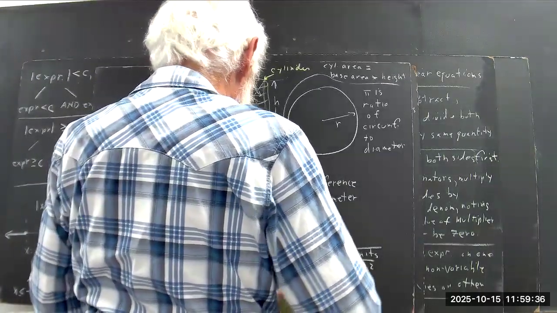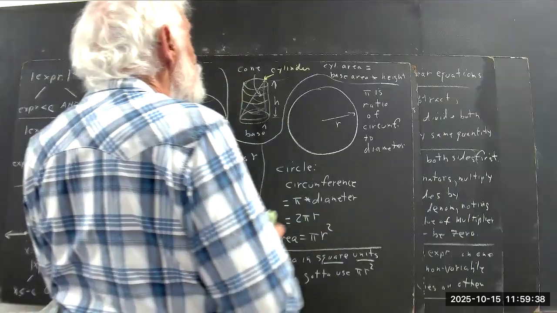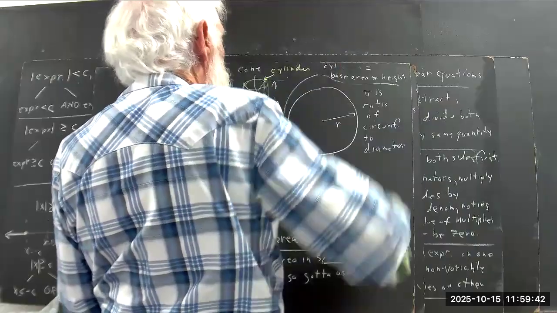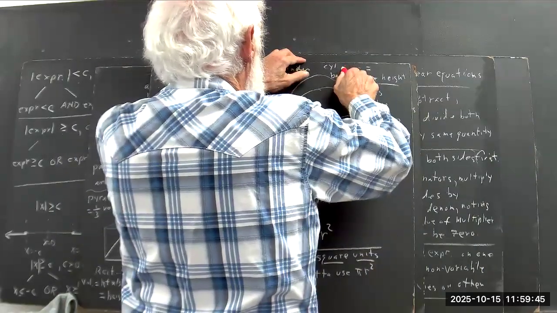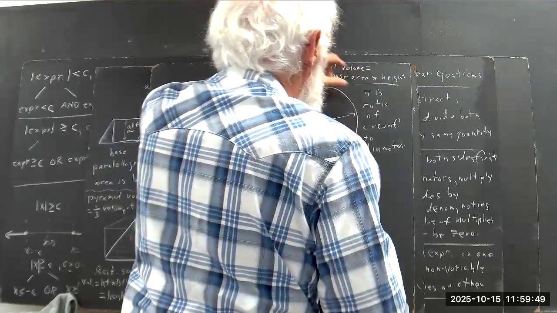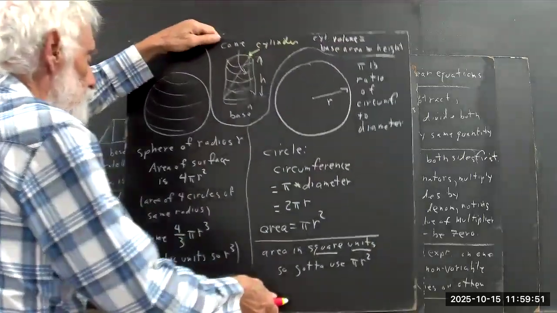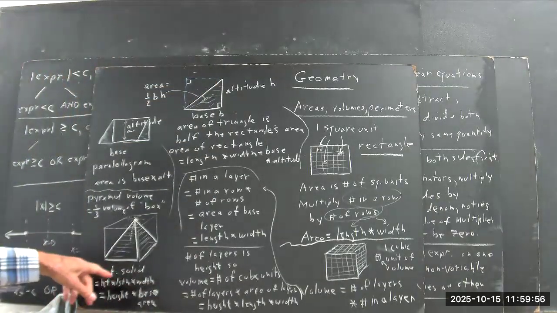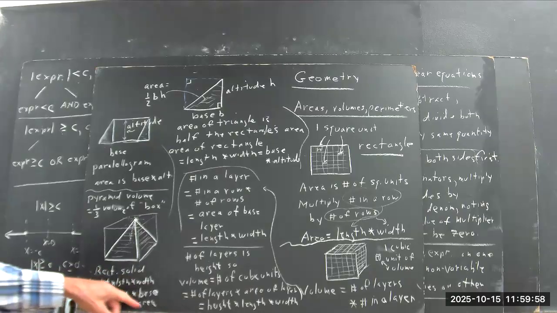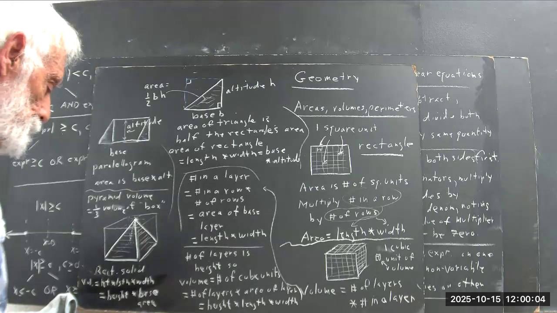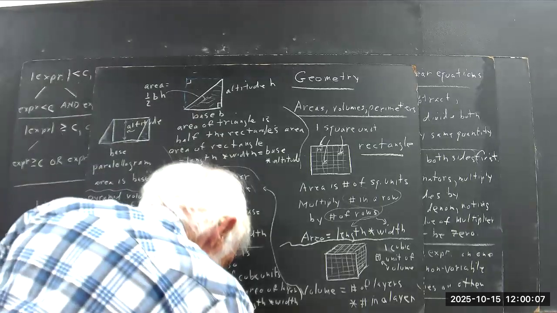Cylinder volume is base area times height. A rectangular solid volume is base area times altitude. I'm kind of using height a little bit loosely. Altitude is the better term.